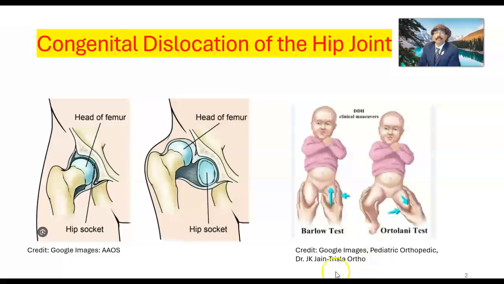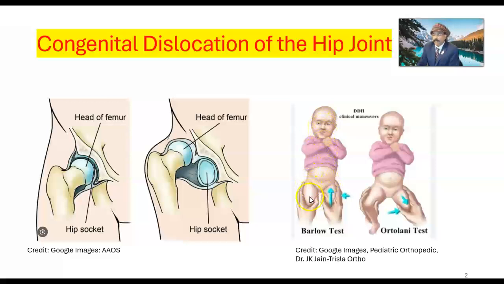Okay, to diagnose congenital dislocation of the hip joint, we have two tests. One is the Barlow test, another is the Ortolani test. In the patient, the child or infant is in supine position.